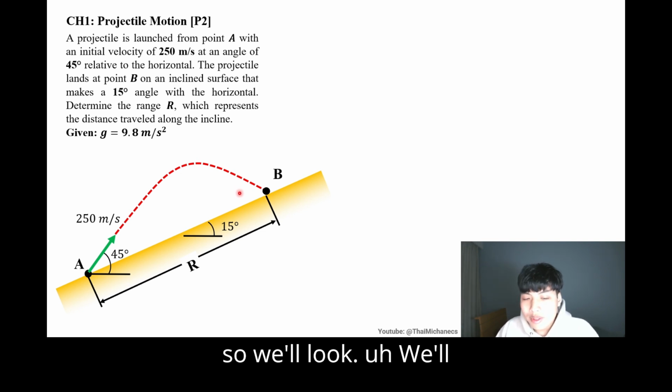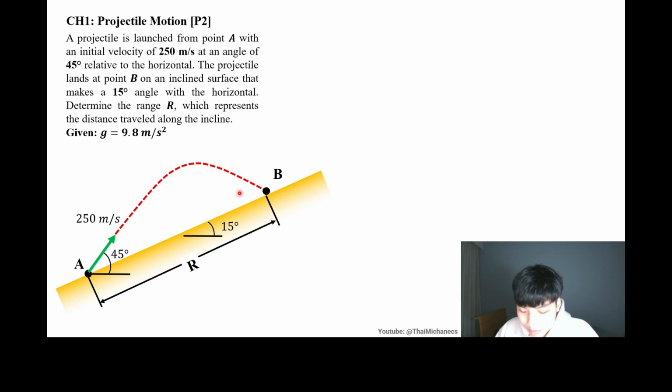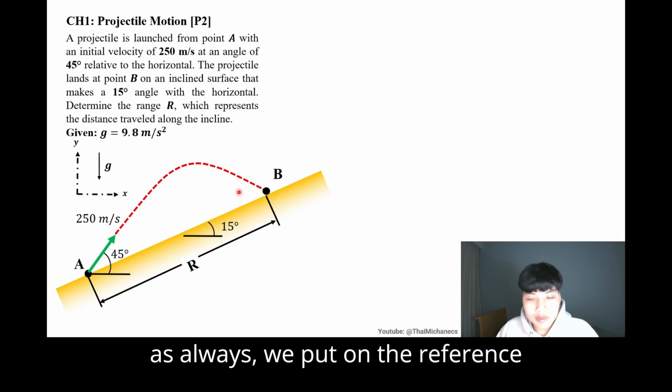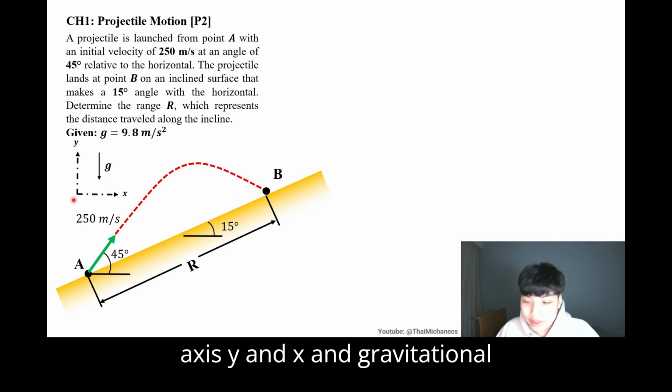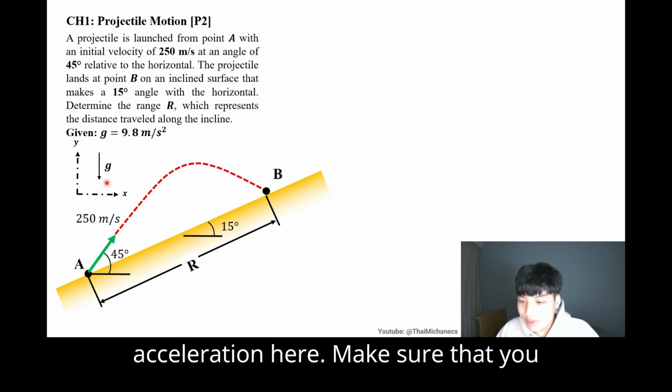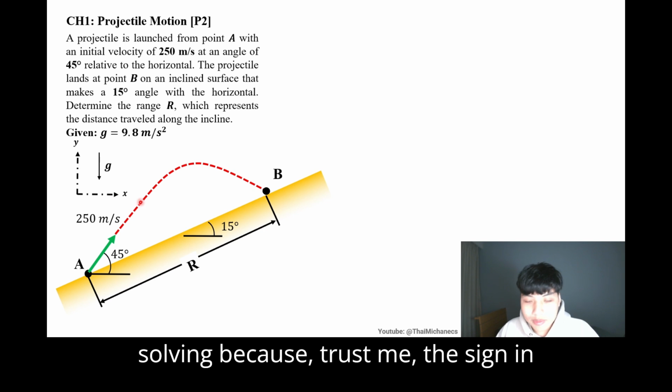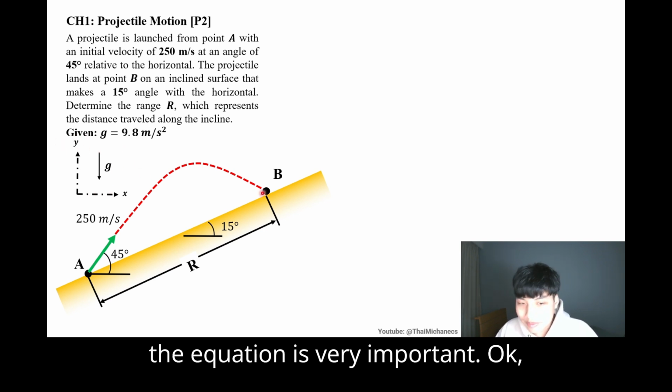We'll continue solving this together. Firstly, as always, we put on the reference axes y and x and the gravitational acceleration here. Make sure that you always put this in before you start solving, because trust me, the sign in the equation is very important.